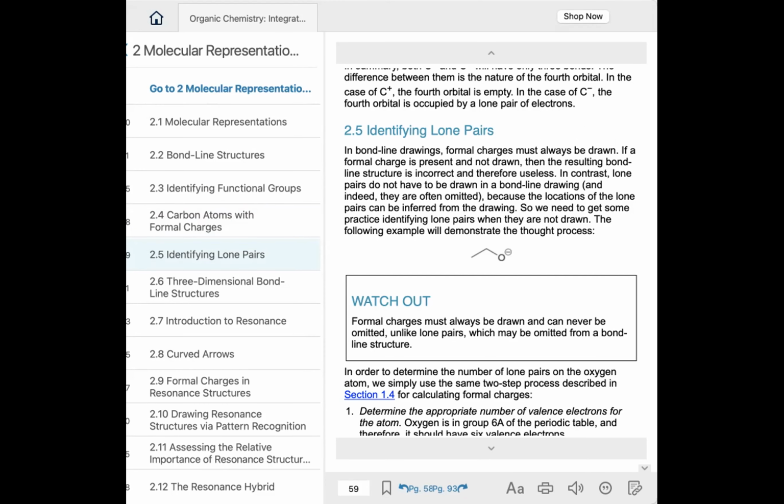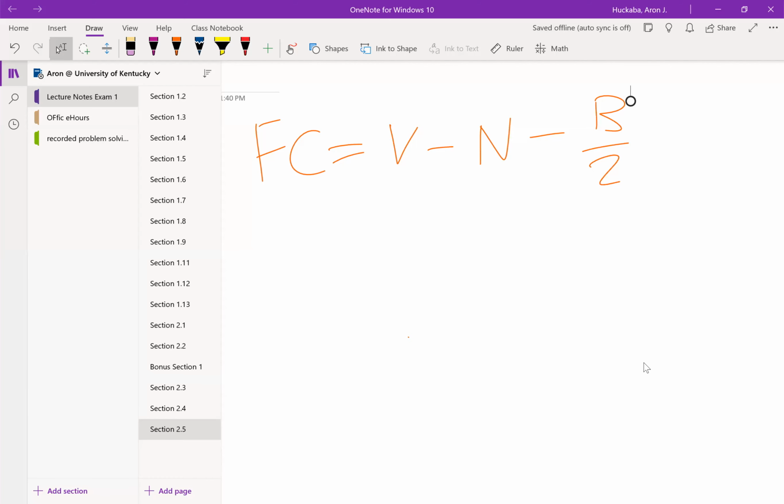So what you need to know to do this simply is first to know the formal charge equation that we learned before. Remember that the formal charge is equal to the valence minus the non-bonding electrons minus the bonding electrons over 2.